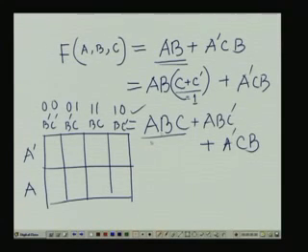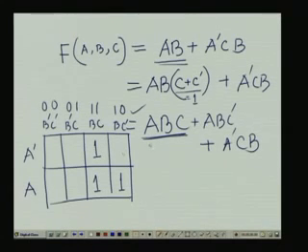ABC exists, meaning here this is 1 1. ABC dash means this is my ABC dash, and A dash CB, as A dash is there, it will be in the first row and CB means this, so this will be 1.